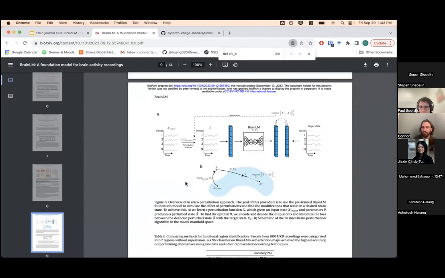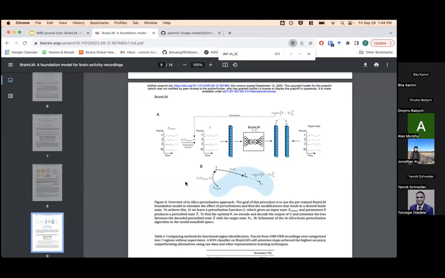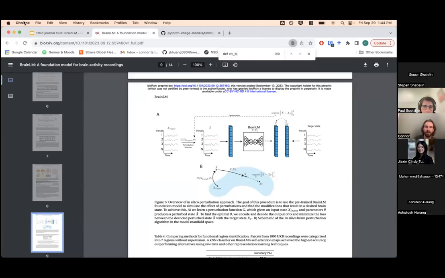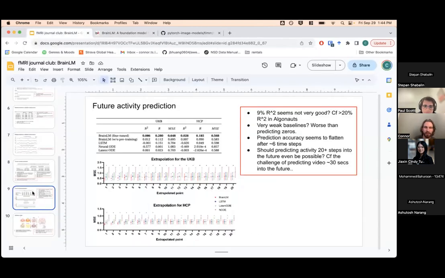It seemed like one of the most technically interesting parts of the work. So I don't know if we want to spend some time trying to unpack what was going on here, if anyone else looked at it and thought it was interesting and worth discussing. But I guess just priming that, I'll go back to talking about the last couple of results.